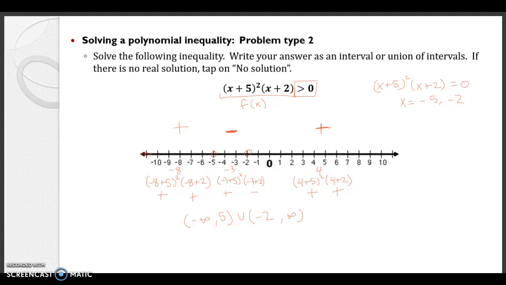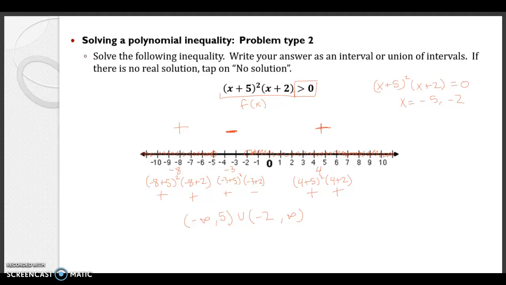And it would look like this on the number line. So any x value that I plug in between -infinity and -5, and then from -2 to infinity, will give me outputs that are greater than 0.